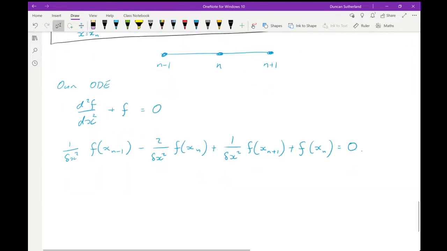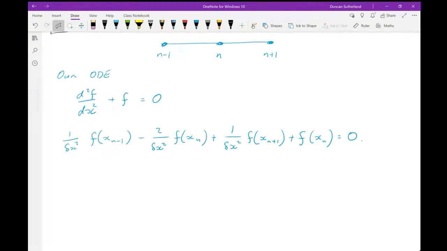This is what we call a difference equation or a recurrence relation. It's kind of like an arithmetic progression. It's kind of like the time stepping methods we've seen, except it's just a bit more complicated. We've got an n minus 1, an n, and an n plus 1, and we know none of these things. However, we know that n starts at 1, for example, and goes up to big N minus 1.